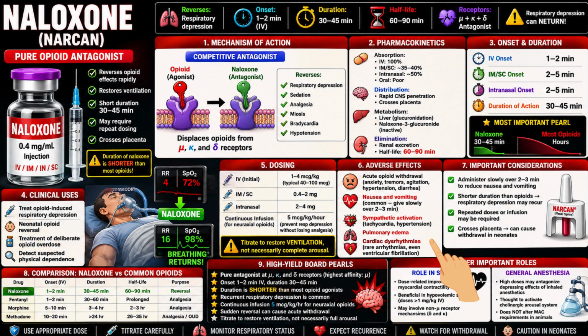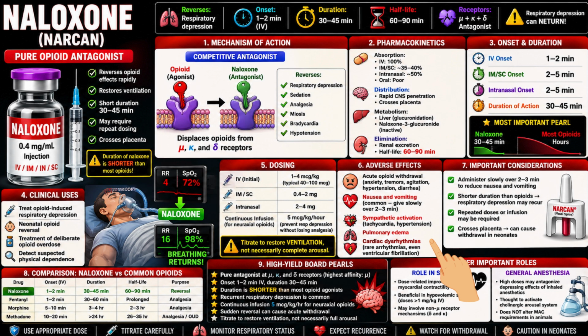Adverse effects. Acute opioid withdrawal. In a patient with physical dependence, naloxone can trigger sudden, severe withdrawal: anxiety, tremors, agitation, hypertension, diarrhea. Nausea and vomiting. Genuinely common, and closely tied to both the dose and the speed of injection.